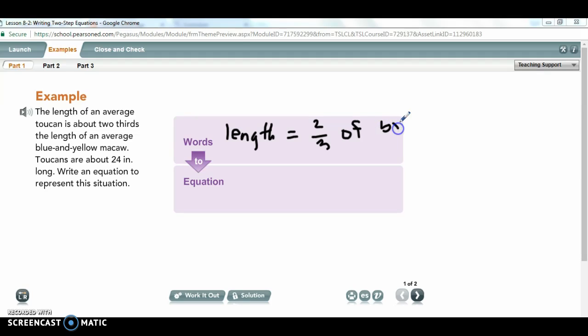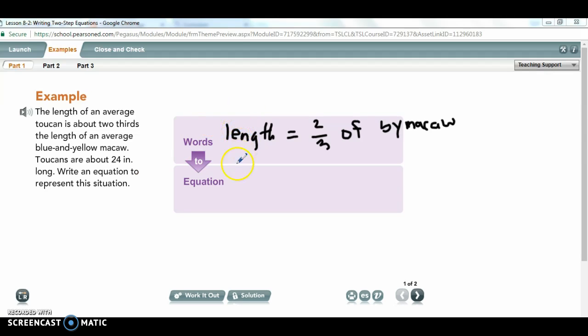I'll just write BY macaw. It then says toucans are about 24 inches long. Write an equation to represent the situation.